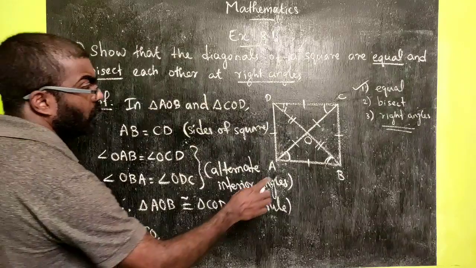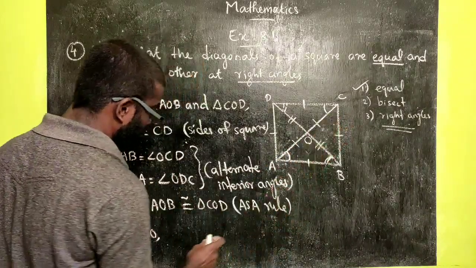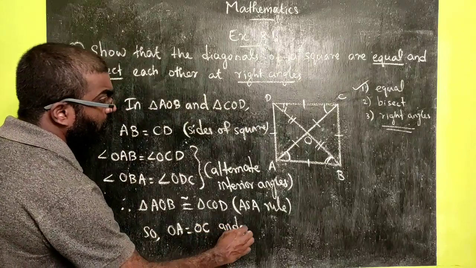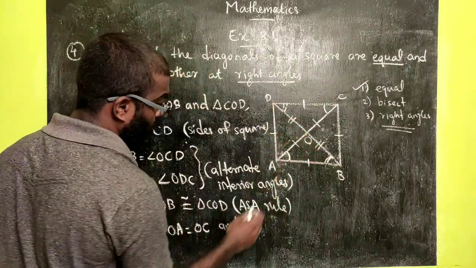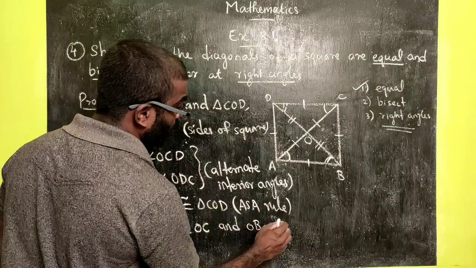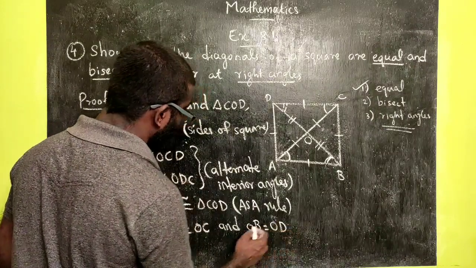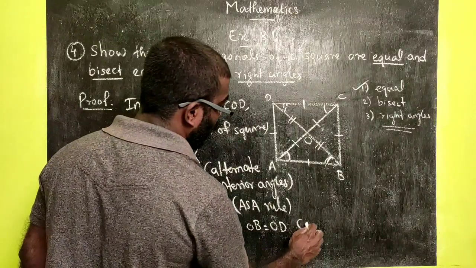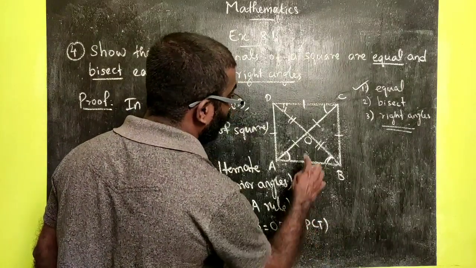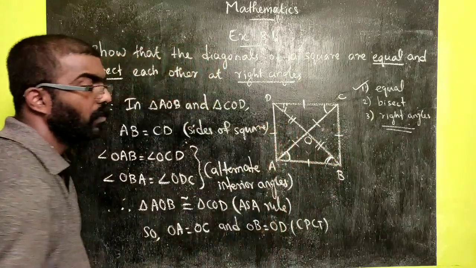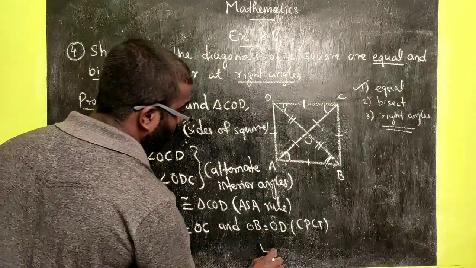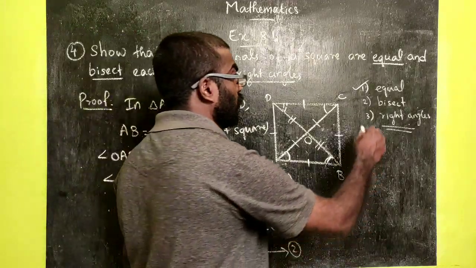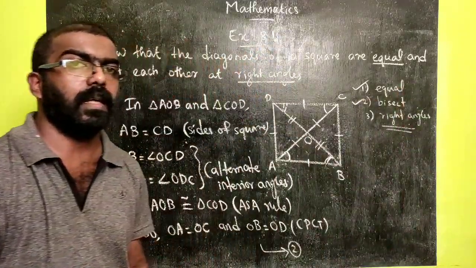So we can conclude OA equal to OC and OB equal to OD. These are the corresponding sides of these two triangles, namely AOB and COD. So by CPCT we can write OA equal to OC and OB is equal to OD. We can consider this as equation 2. That means we get the diagonals bisect each other.